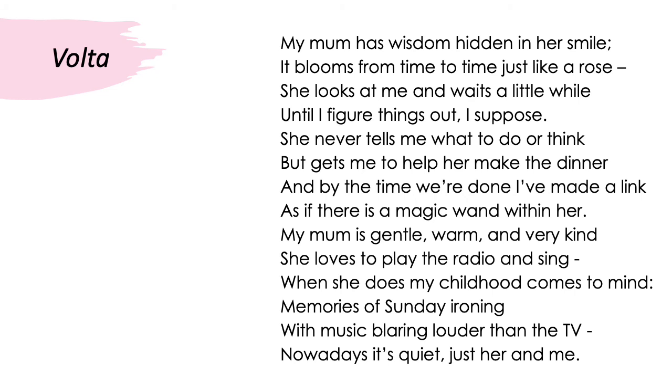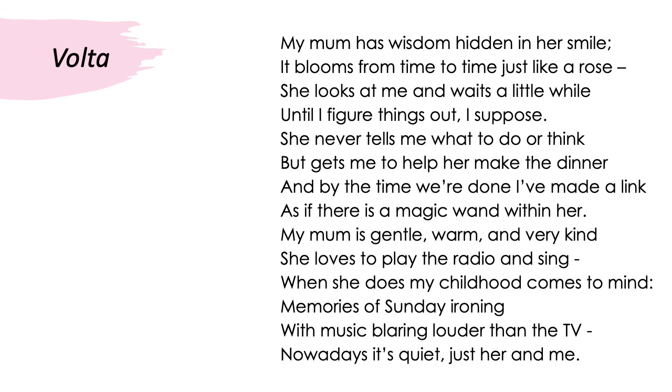So what I've done there is I've followed my rhyme scheme from earlier on. So I've got A, B, A, B, C, D, C, D, E, F, E, F, and then at the end, G, G, TV and me. Now, if you remember from last lesson, the volta, we talked about having a shift in mood.